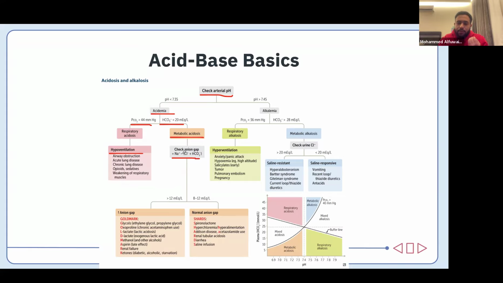How do you check the anion gap? It is sodium minus chloride plus bicarb. Now, if a patient has metabolic acidosis due to low bicarbonate, what will happen to the anion gap? Chloride will go up, bicarb will go down. So will the anion gap be normal?